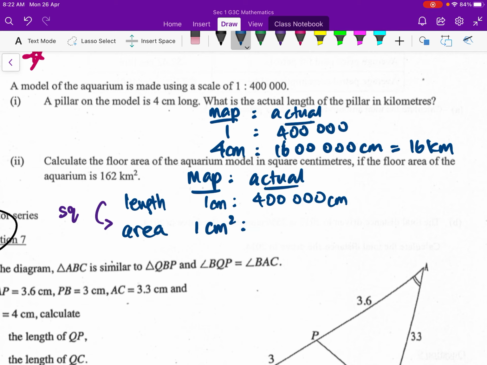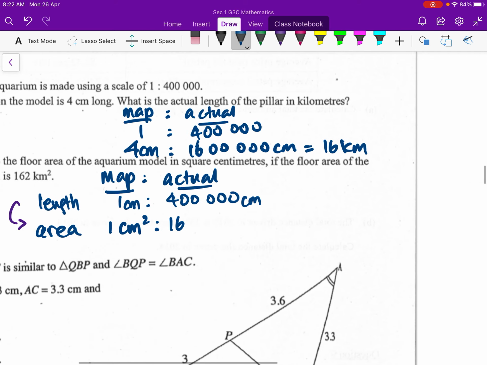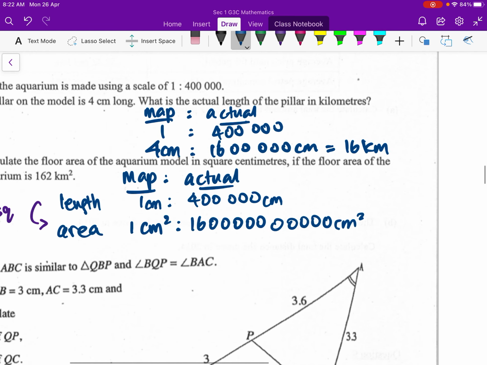But can you foresee what's going to happen already? You're going to be squaring that 400,000. 4 square, you get 16. 5 zeros. When you square, you get how many zeros? 1, 2, 3, 4, 5, 6... 10 zeros, square cm. Like I said, don't copy this down, because it's ridiculous.